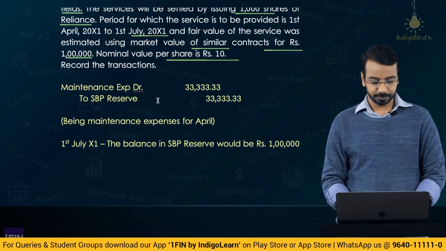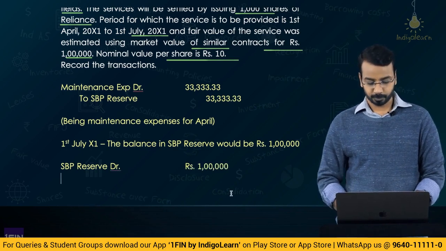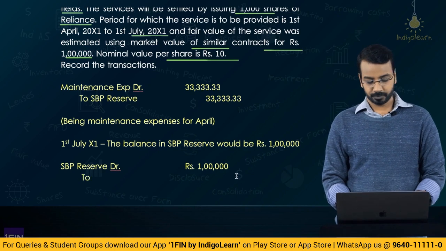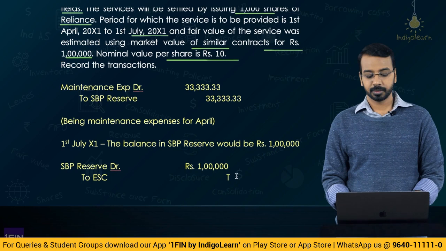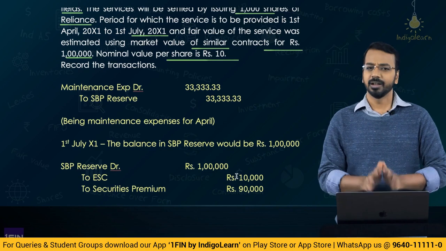So the entry would be SBP reserve debit rupees 1 lakh, to equity share capital rupees 10,000, to securities premium rupees 90,000, right? A very simple entry.